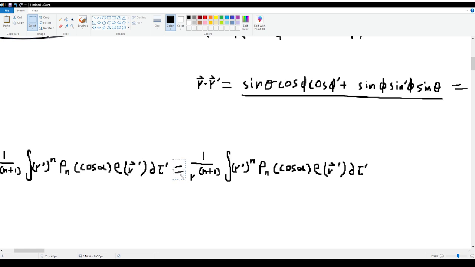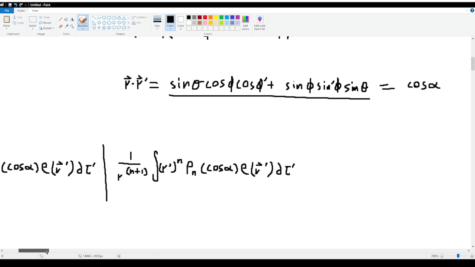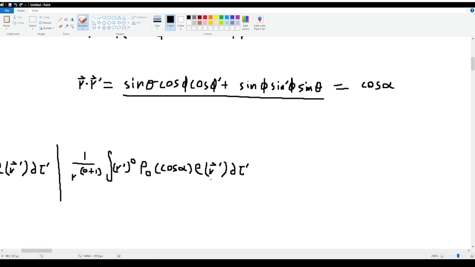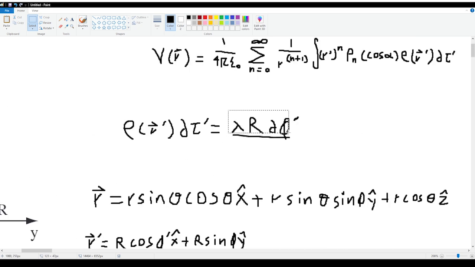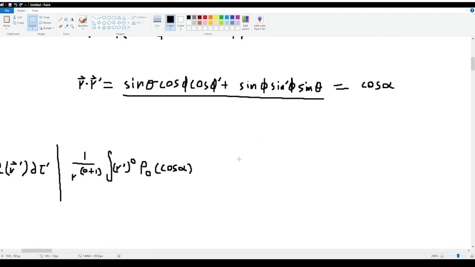So, alright, for n equals 0, we'll have r to the 0 plus 1, and then here we'll have r prime to 0, and the Legendre polynomial will be the 0th, and of course here we have our lambda r d phi.